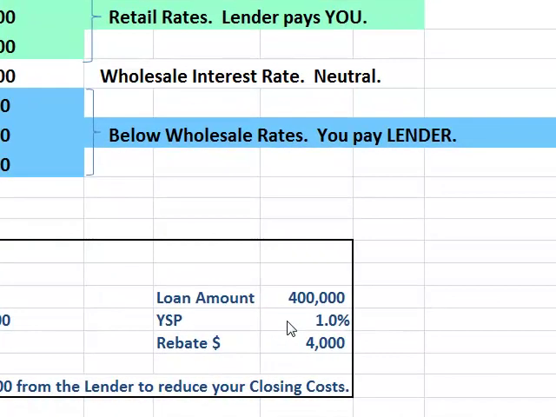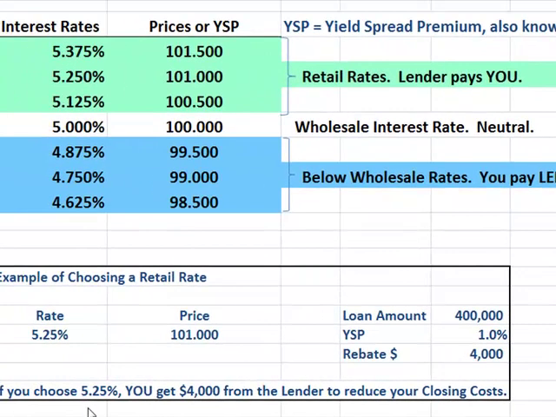So 1% times 400,000, everything is always based off of the loan amount. That would be $4,000. So the rebate is $4,000. So as we conclude here, it says if you choose 5 1/4%, you, the borrower, get $4,000 from the lender, and that can reduce your closing costs.